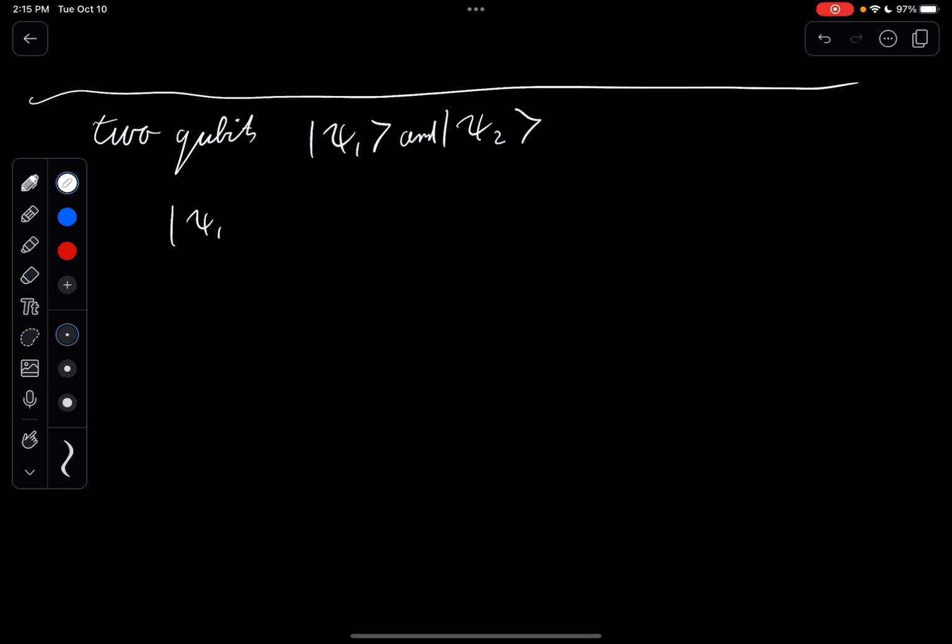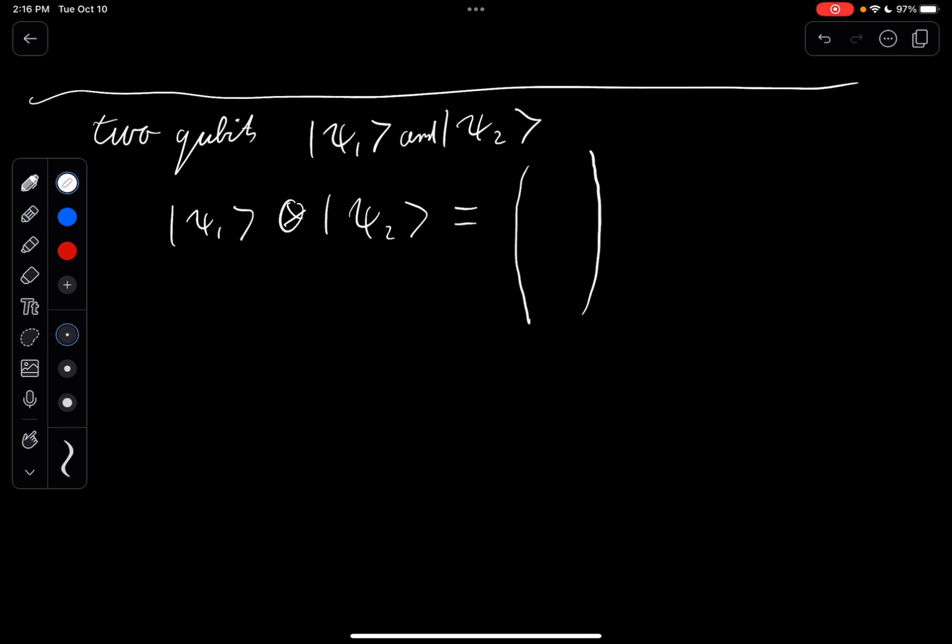We write that as follows. We use this notation here. It's a circle with a cross through it. And we can create a new vector out of this. It will now be a 4-dimensional vector. And you can think of it sort of as stacking psi 1 and psi 2 with each other.